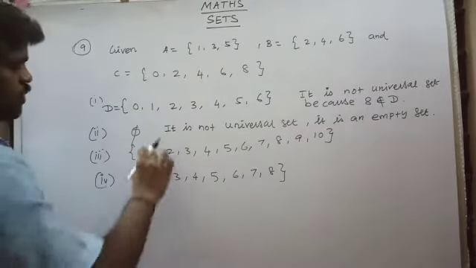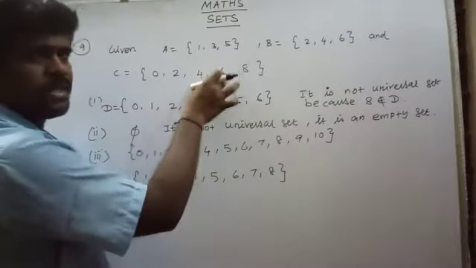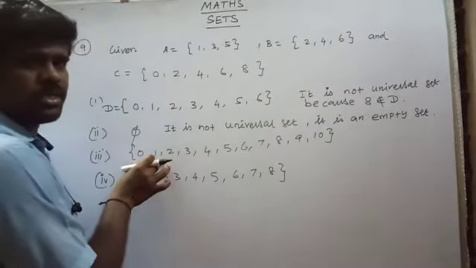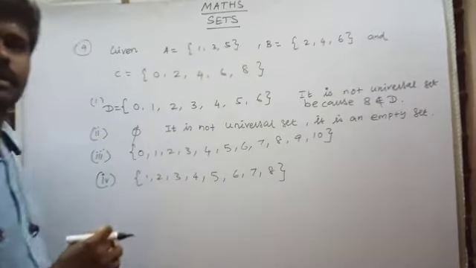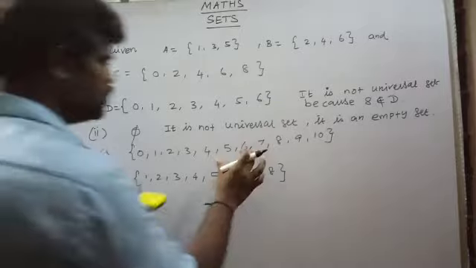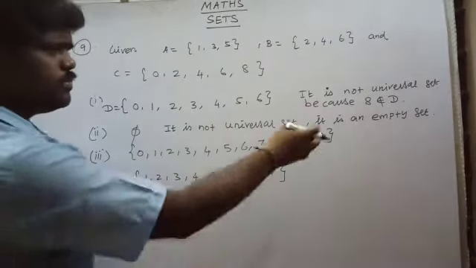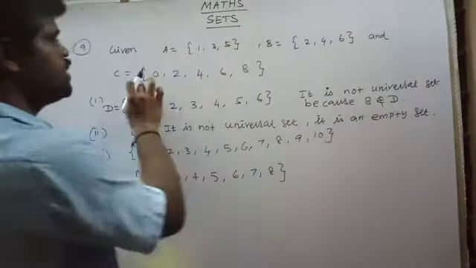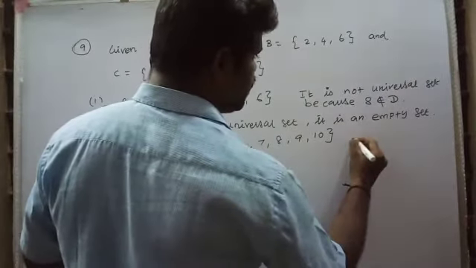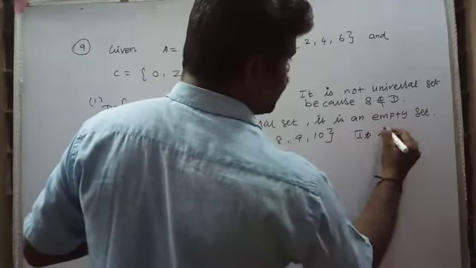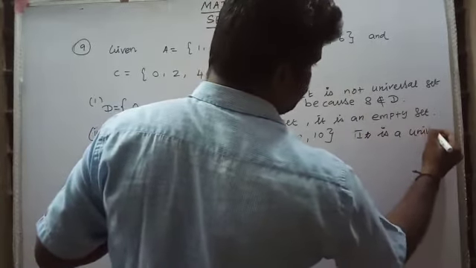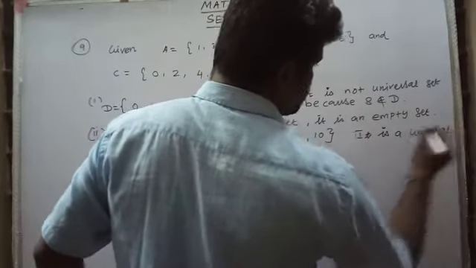Okay, so we have subsets here, but the universal set has more numbers including the subset elements. So this is the universal set of A, B, C. So it is a universal set of the subsets A, B, C.